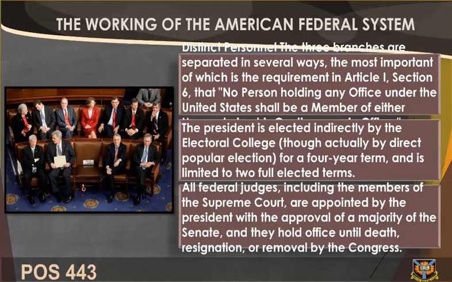The president is elected indirectly by the Electoral College, though actually by direct popular elections, for a 4-year term and is limited to 2 full elected terms. All federal judges, including the members of the Supreme Court, are appointed by the president with the approval of a majority of the Senate, and they hold office until death, resignation, or removal by the Congress.